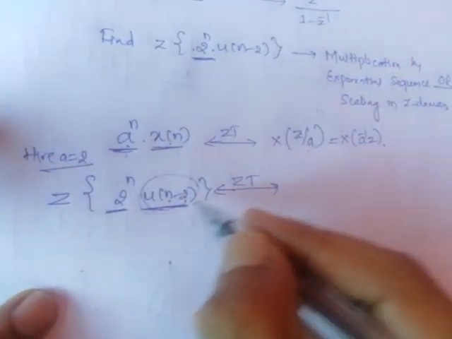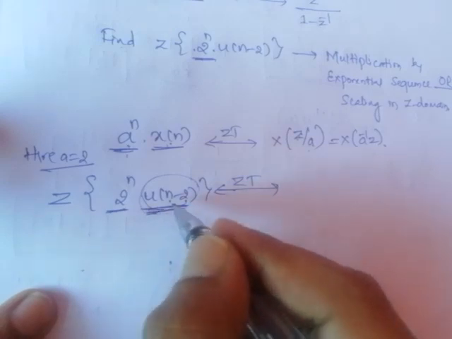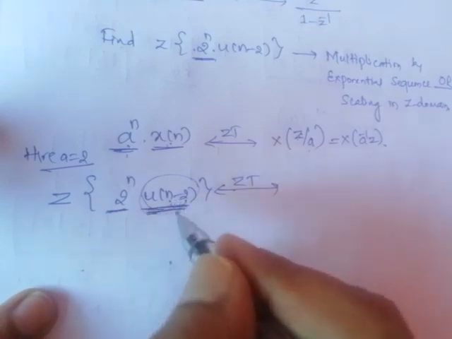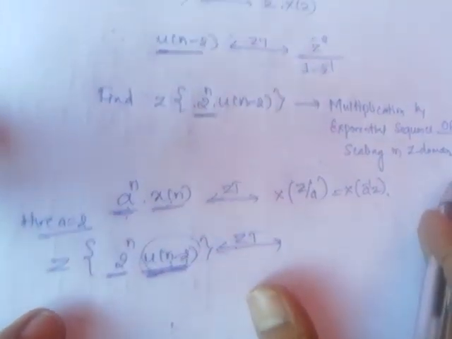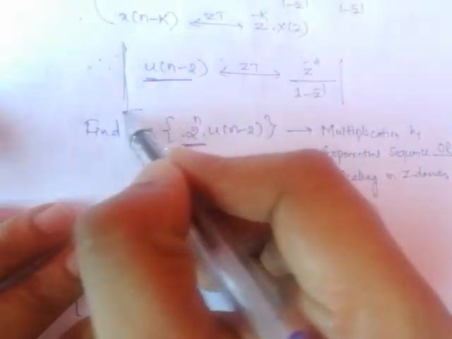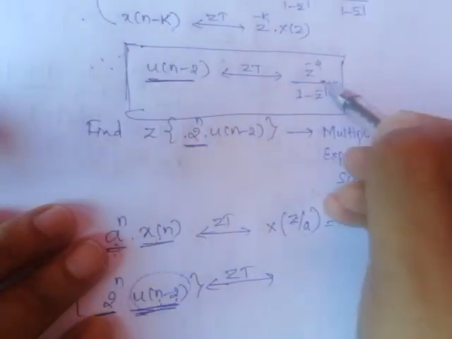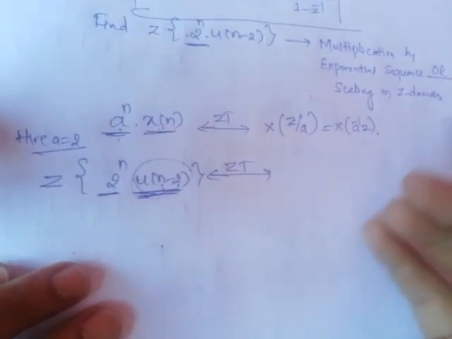Hence, wherever z is there in the ZT of u of n minus 2, z is replaced by z by 2.